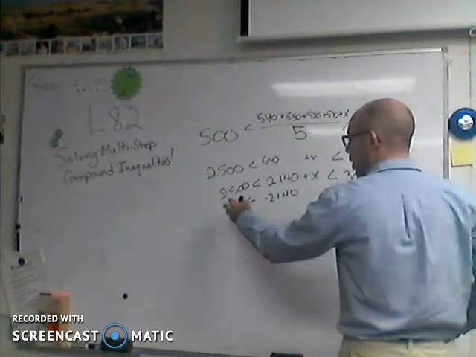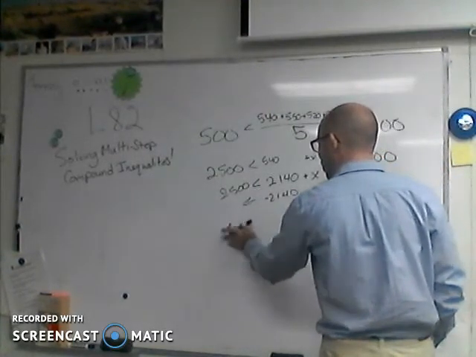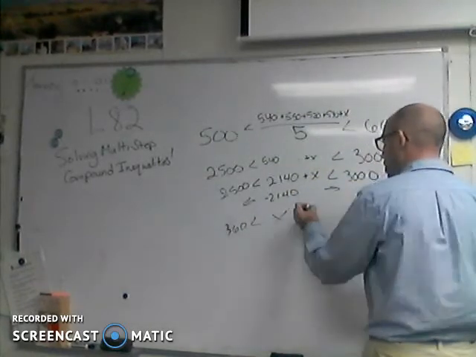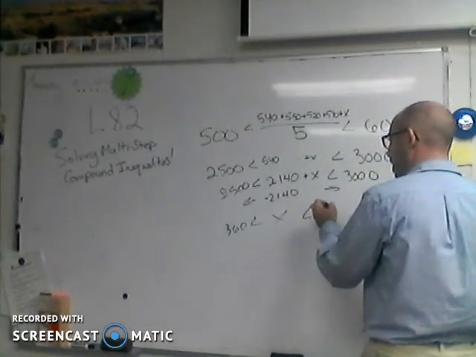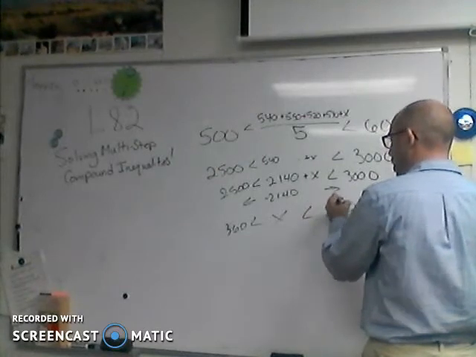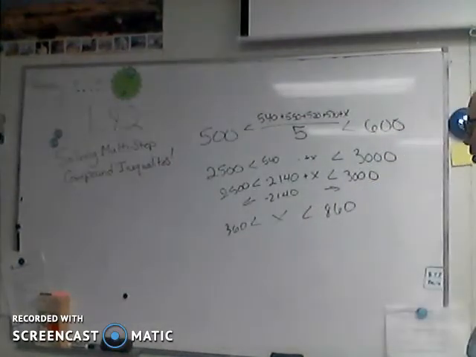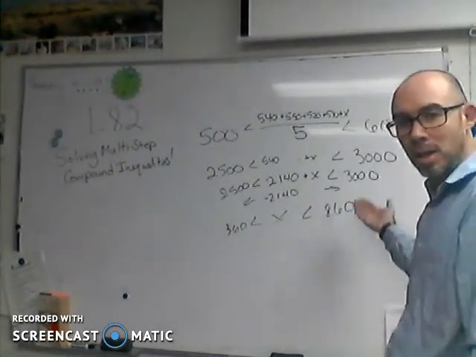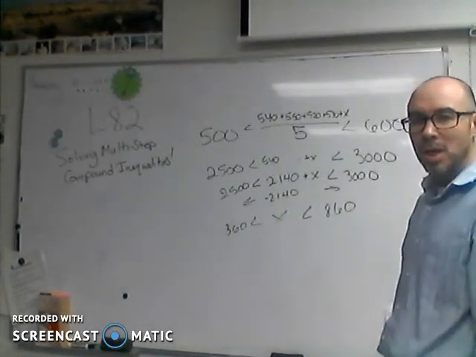Okay, let's do it. This makes this one 360. There's our answer. And over here we got 860. So our extra zebra needs to be between a slender 360 pounds and a fairly sizable 860 pounds.